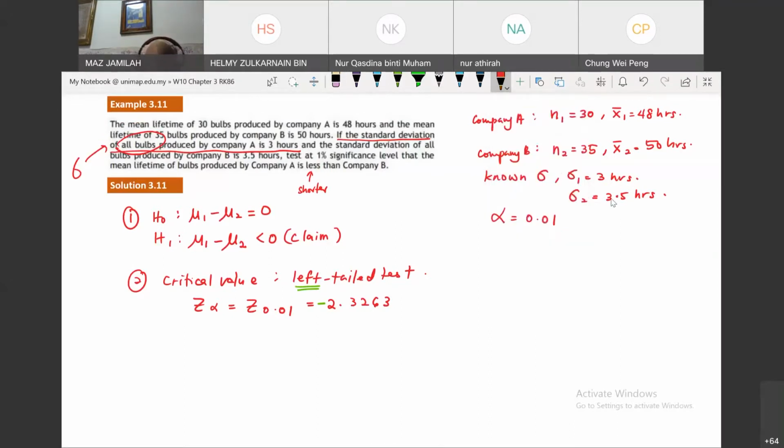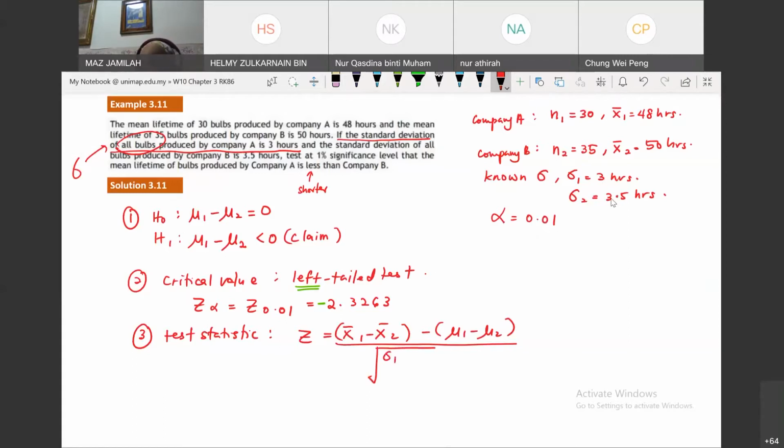Third, the Z test statistic. Z can be obtained by X bar 1 minus X bar 2 minus (mu1 minus mu2), divided by the square root of sigma 1 squared over n1 plus sigma 2 squared over n2.